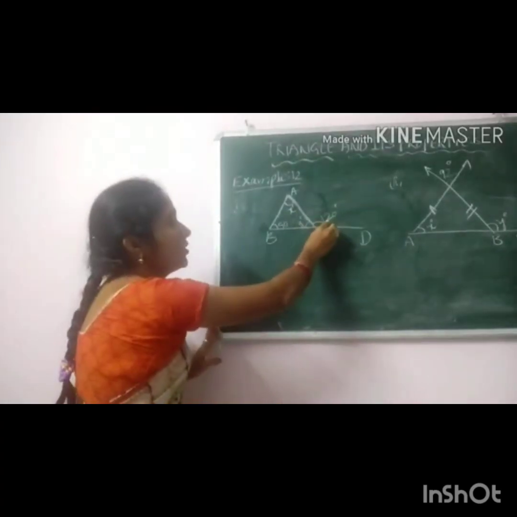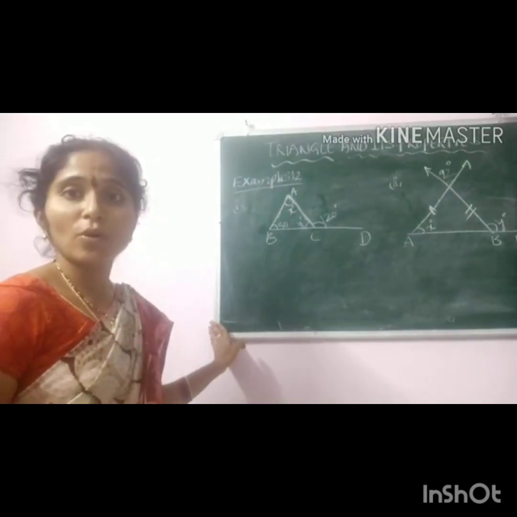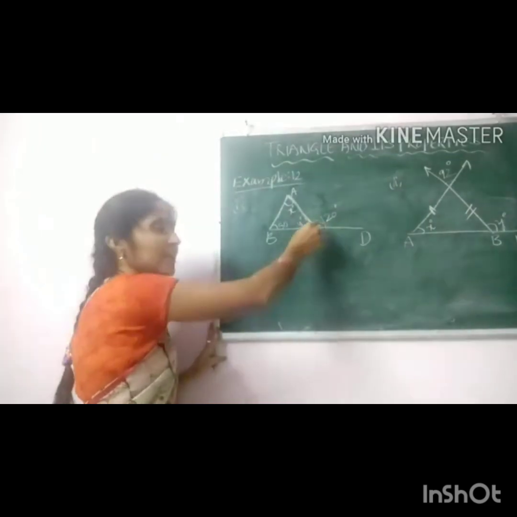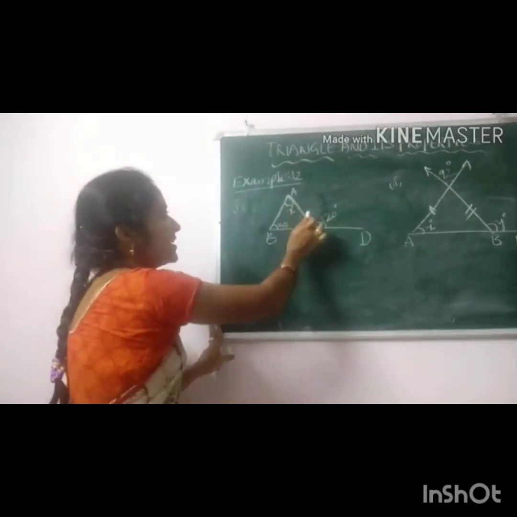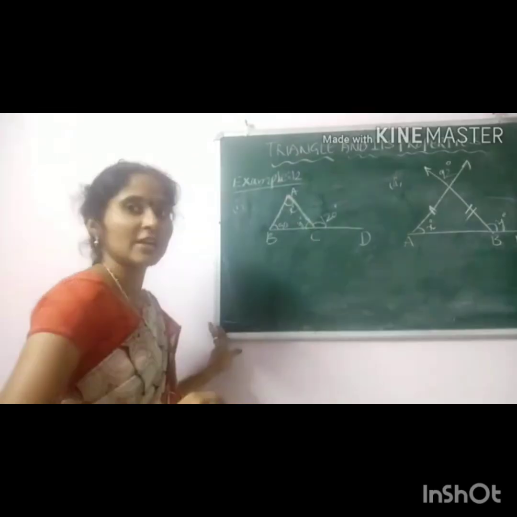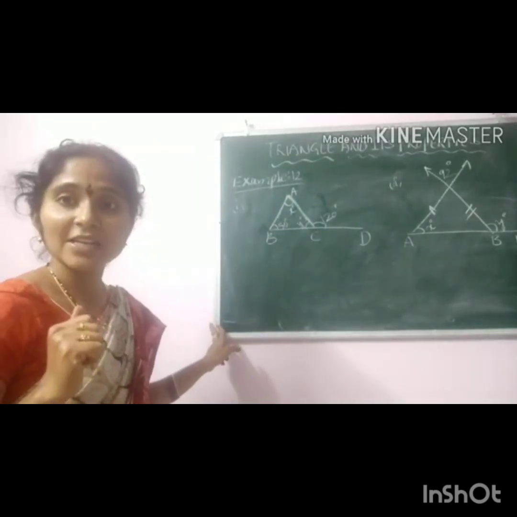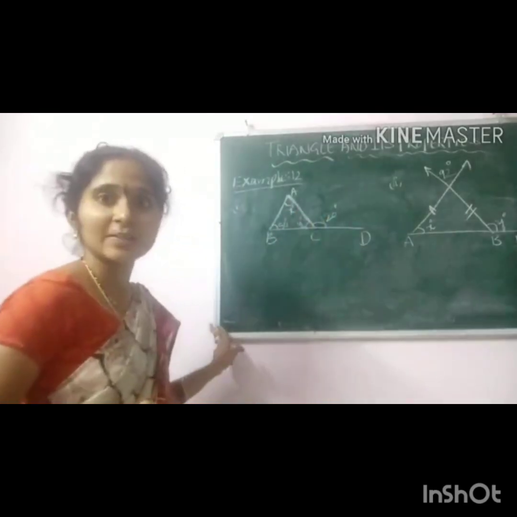As we know, the exterior angle of a triangle is equal to the sum of opposite interior angles. Here, for this exterior angle, what are the opposite interior angles? Here three interior angles are there: x, y, 50. In these three angles, which angles are opposite interior angles to this exterior angle?